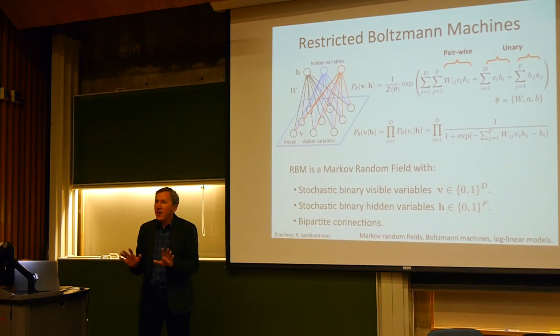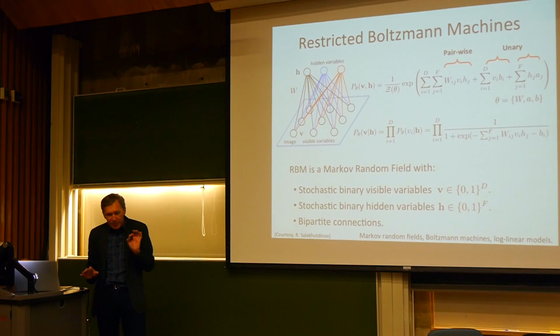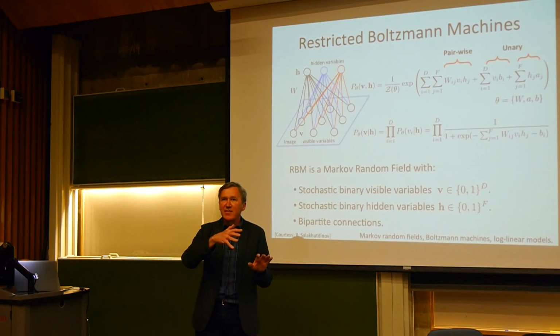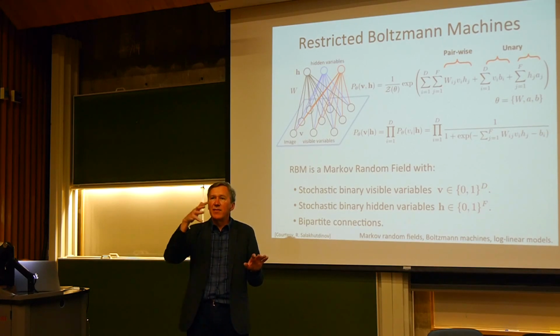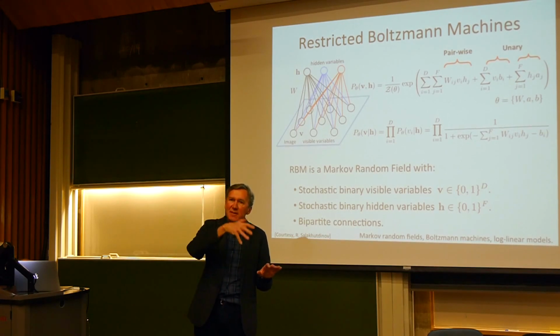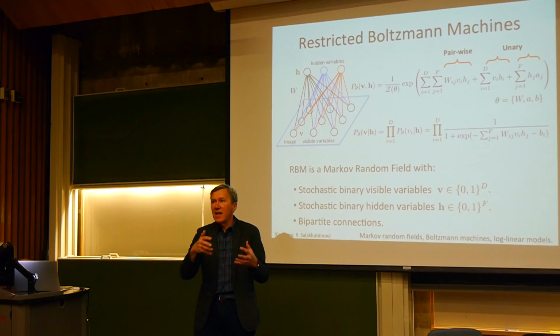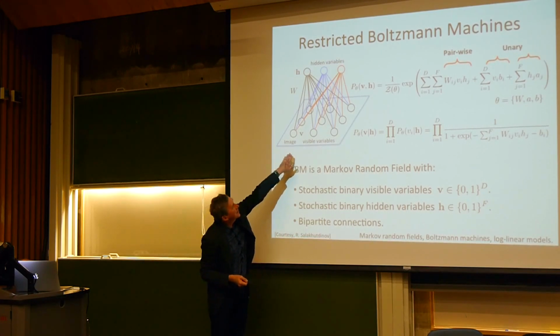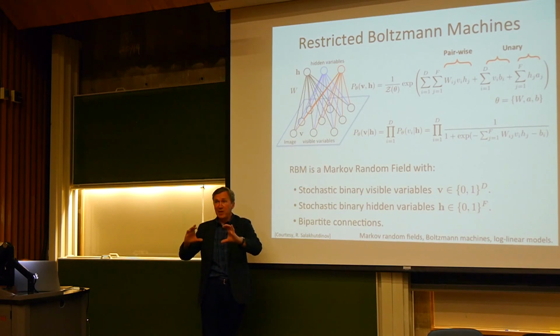And I think that's very exciting because the probabilistic model perspective gives us a way of having a more theoretical, analytical handle on what these networks are doing. So let's talk about restricted Boltzmann machine, which is kind of the 2-stage building block of many of these deep networks.